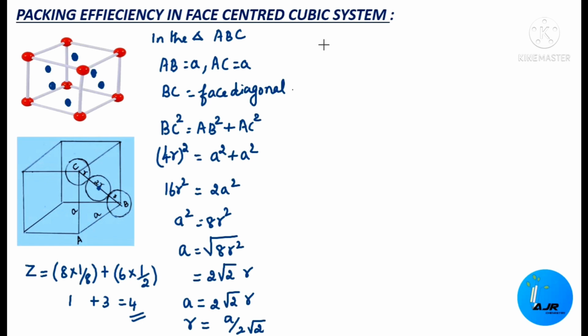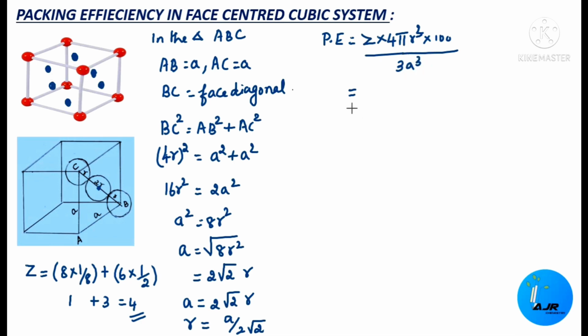Understood, students? Now we are going to find out the packing efficiency. What is packing efficiency? Z into 4 by 3 pi r cube into 100 divided by a cube, is it not? So now we are going to substitute the value of Z and then A cube.